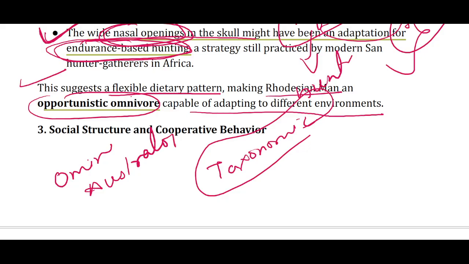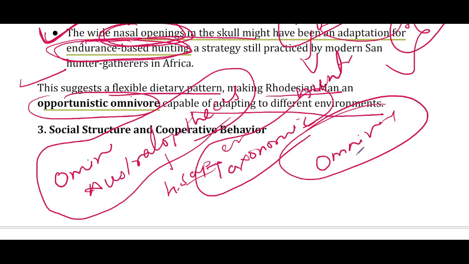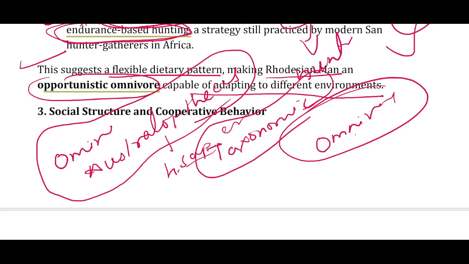In fact, the whole survival of hominin species from Australopithecus to Homo sapiens is directly related to omnivory. So it is omnivory that helped in our survival.